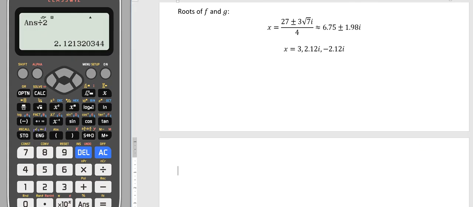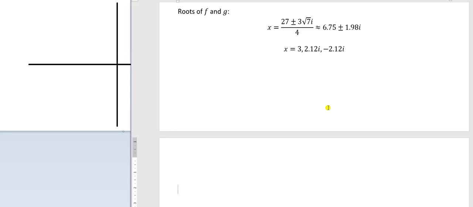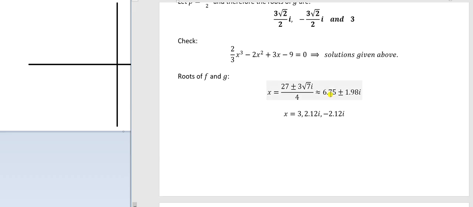I'm going to show you how precise it needs to be and how precise it doesn't need to be with a quick graph. So you don't need to be particularly beautiful or even to be able to draw particularly beautifully to make this work. All you need is something roughly to scale. We need to go as far as 6.75 to the right, and we need to go as far up as 3 for that one, so that's all fine. We need to go up and down roughly 2 in the I direction.